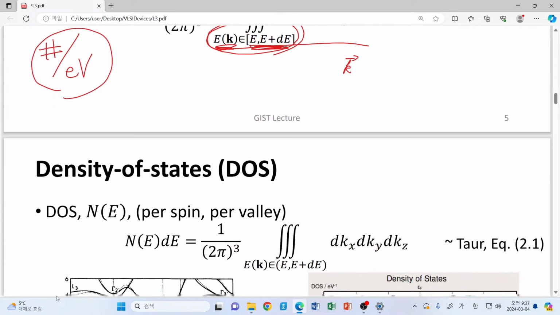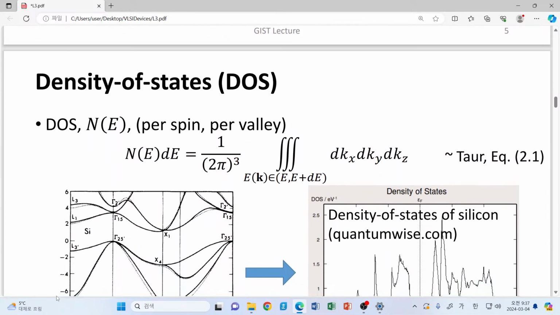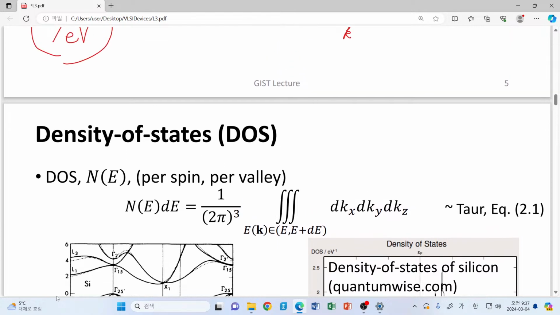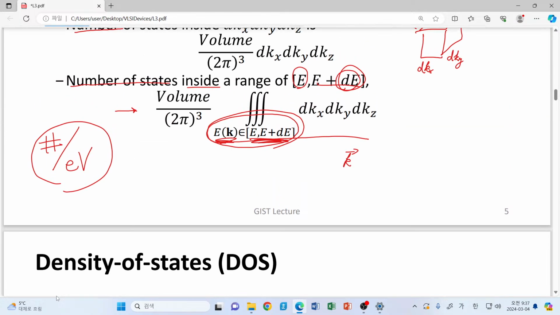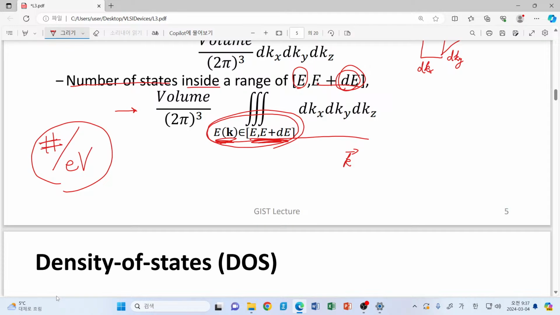Now this gives us the concept of density of states. This value itself is given in number per electron volt. However, here we have a volume, and this volume is normalized.